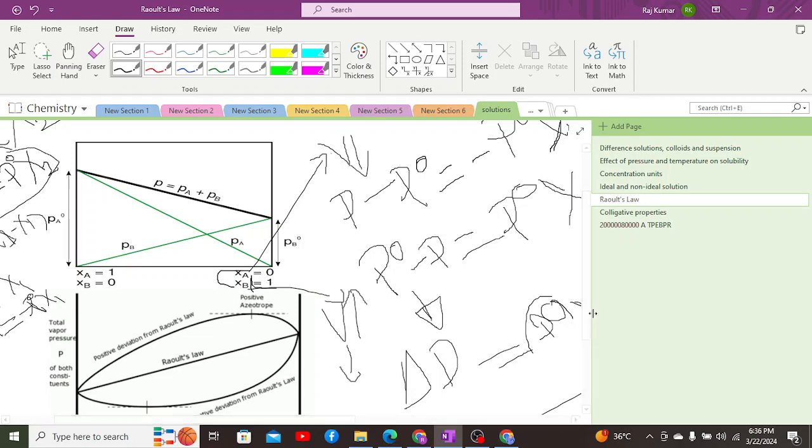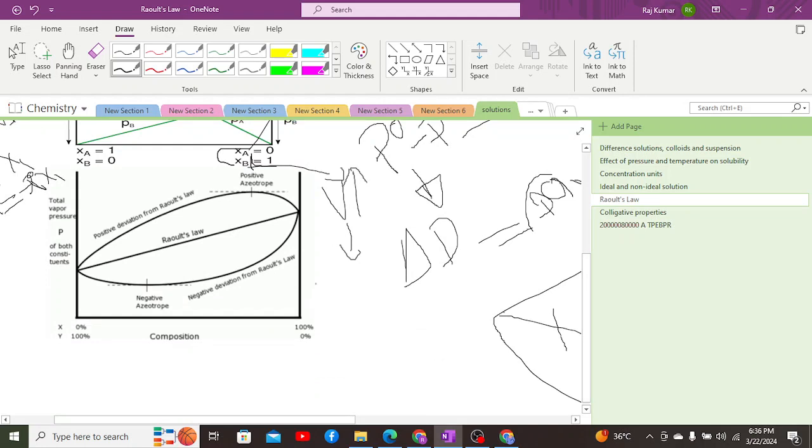So XA would be considered more volatile and XB less volatile, and in a sense XB, being less volatile, can be written as the solute, and XA, being more volatile, as the solvent.